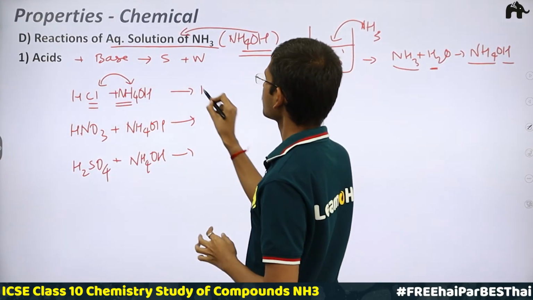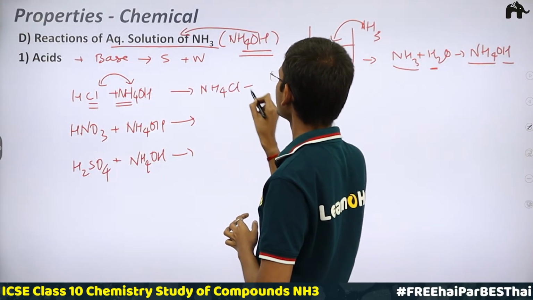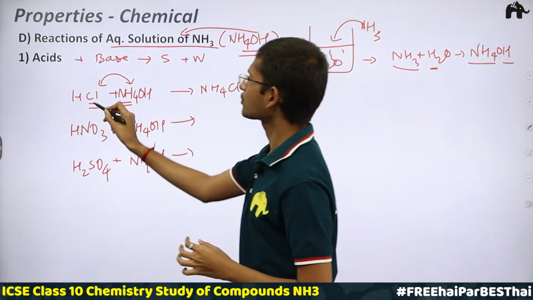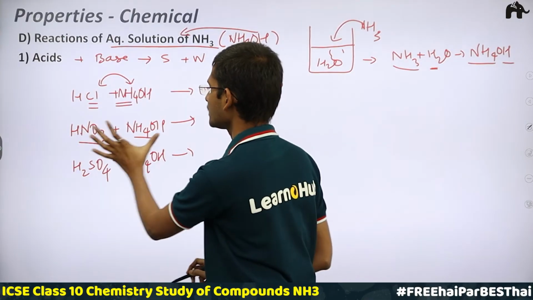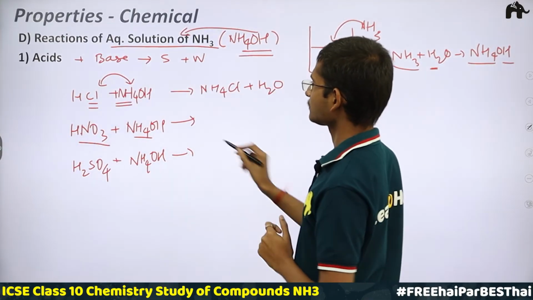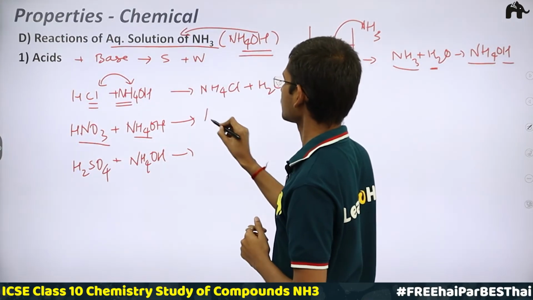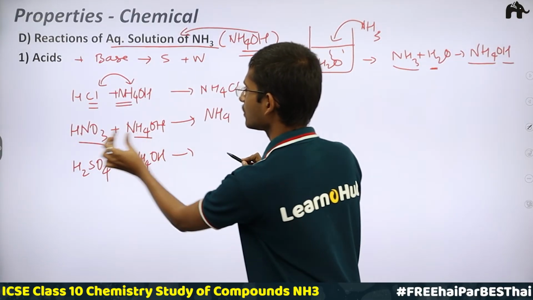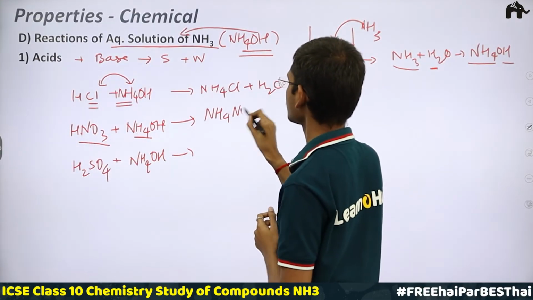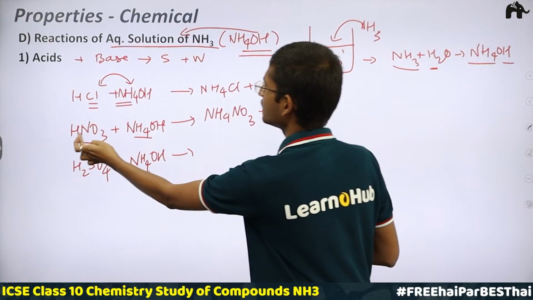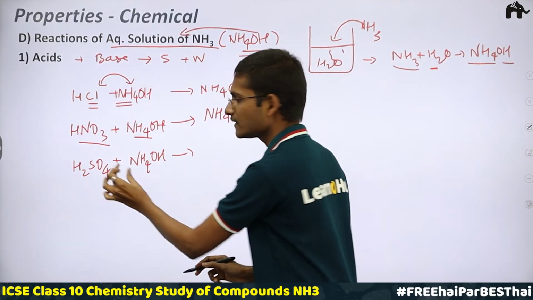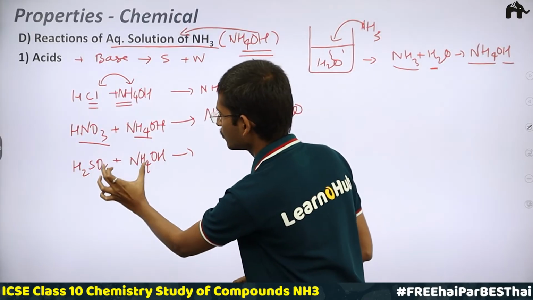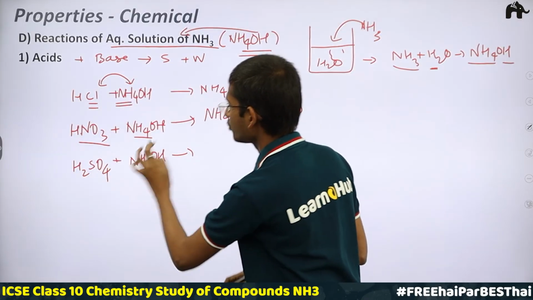So ammonium chloride plus H2O. Same way, ammonium nitrate, NH4NO3, plus HOH, H2O. Same way, ammonium sulfate, and here HOH, H2O.